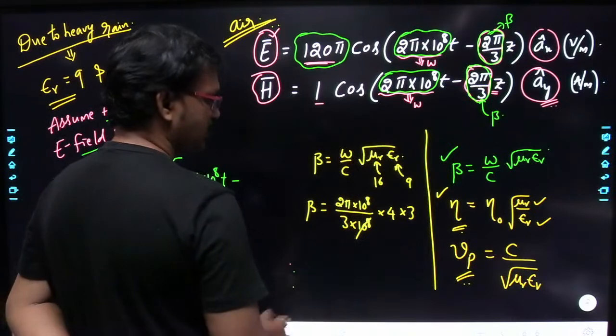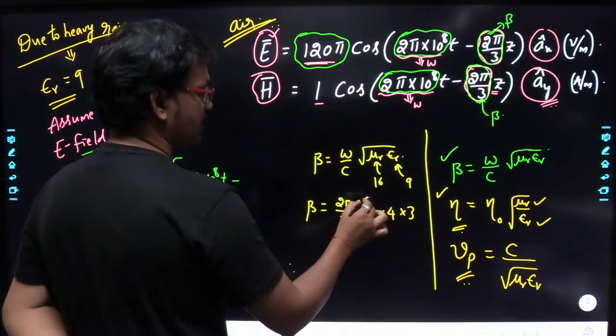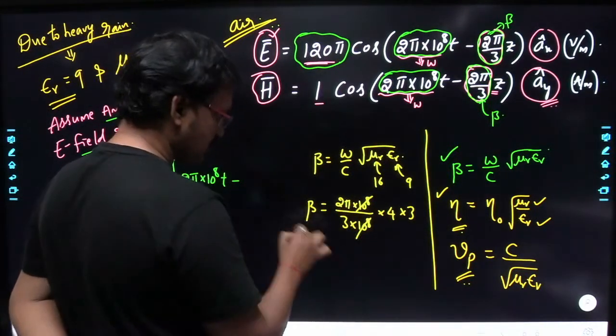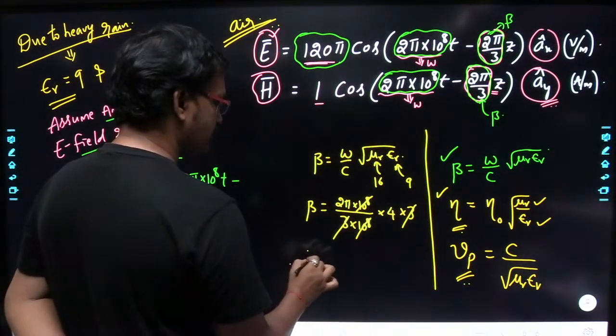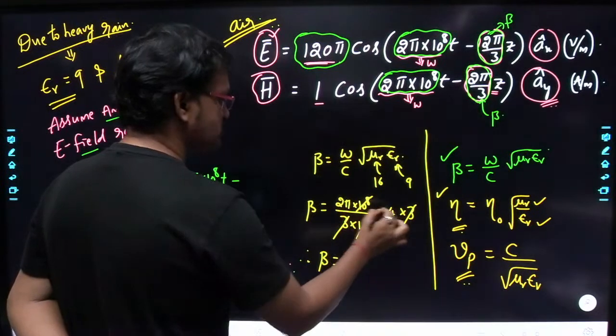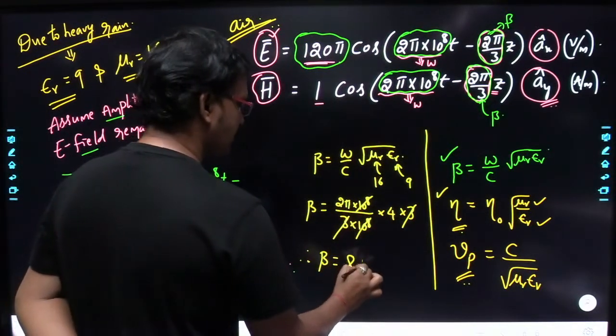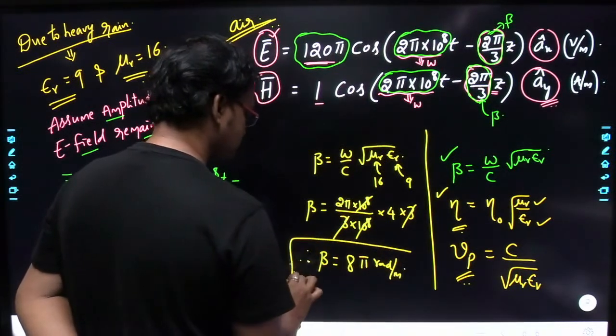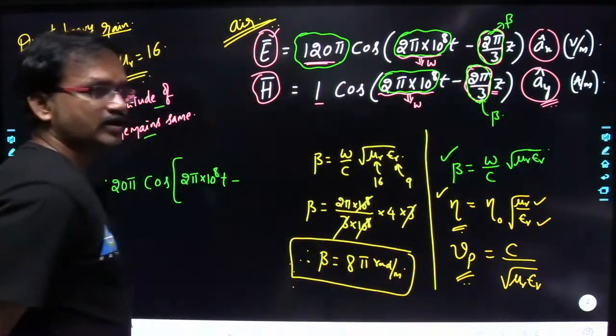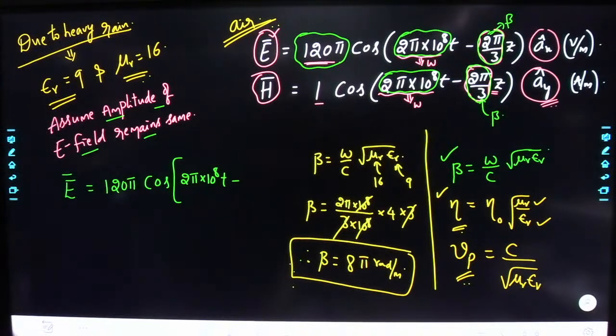Here 10 power 8 and 10 power 8 will get cancelled, and 3 and 3 will get cancelled. Therefore beta is equal to 2 pi into 4, that is 8 pi radian per meter.